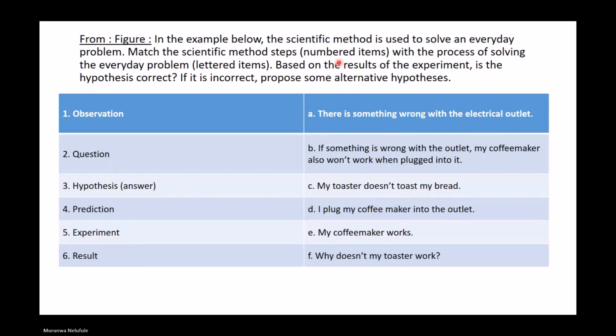I don't know if I'm right. Okay, wait. I think you are correct on the observation because you said C. And then the question, number 2, what will be the letter? Why doesn't my toaster work? Which is F. Look at that, you're correct.